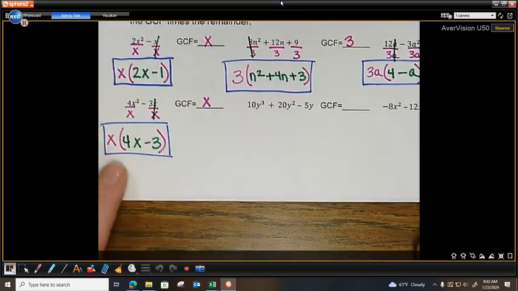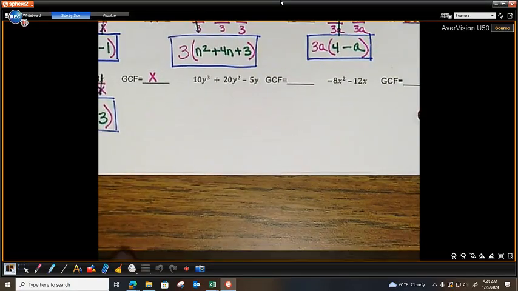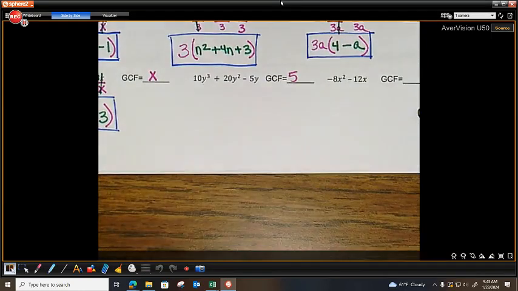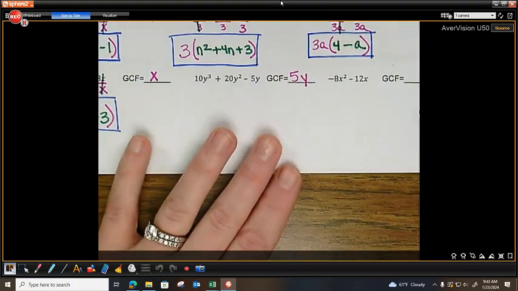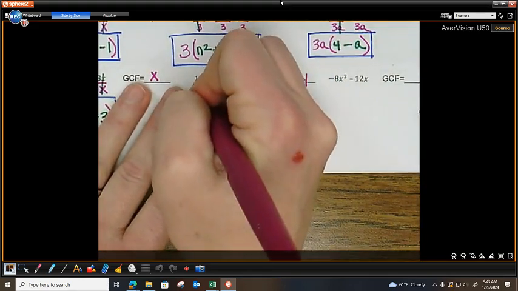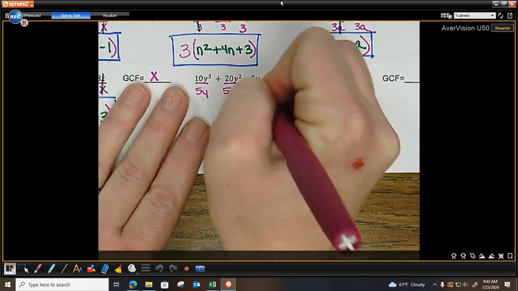Okay, next. I have 1, 2, 3 terms. What are 10, 20, and 5 all divisible by? What number? They're all divisible by 5. Very good. Do they all have a y? Yes. Do they all have a y squared? No, so I can't take out a squared. I only can take out a y. We're doing this with me, right? Divide by 5y, divide by 5y, and divide by 5y.